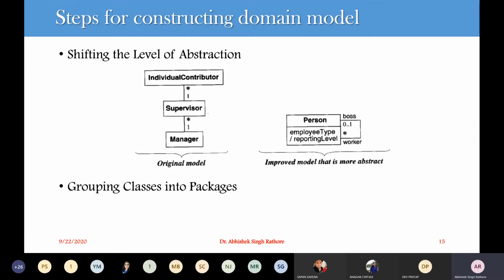These packages are generally a group of elements that contain your classes, associations, generalizations, or lesser packages. These packages organize your model for convenience, such as convenience in drawing, printing, or viewing.